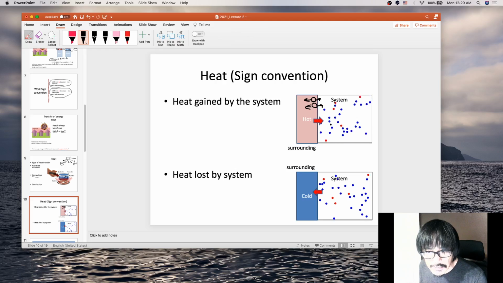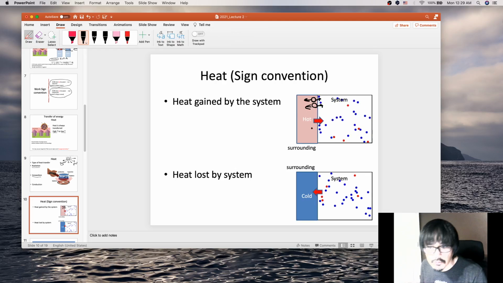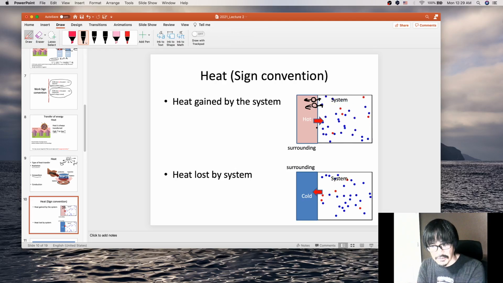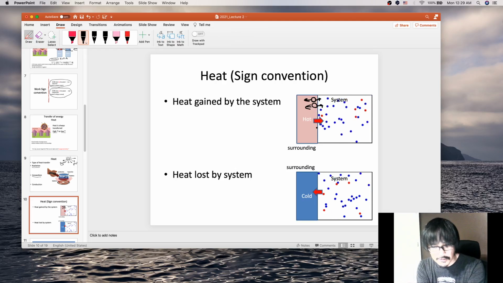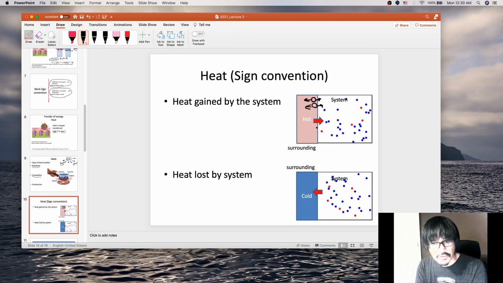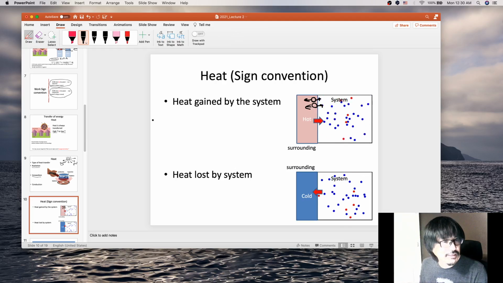So in this particular case, before you apply the hot plate here, the gas molecules are moving very slowly on average, but by putting the hot plate on one side, all the gas molecules speed up, more vigorously.